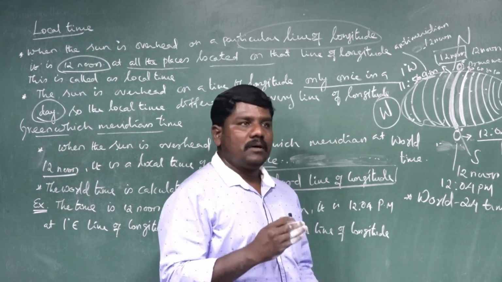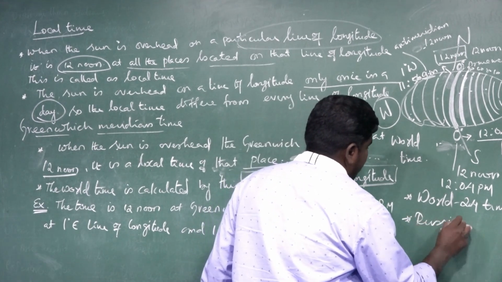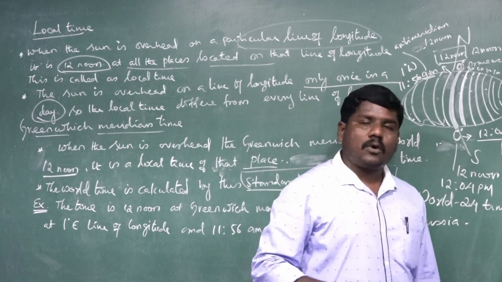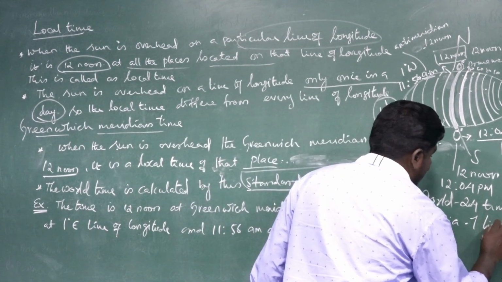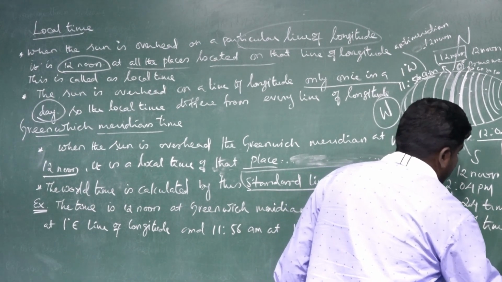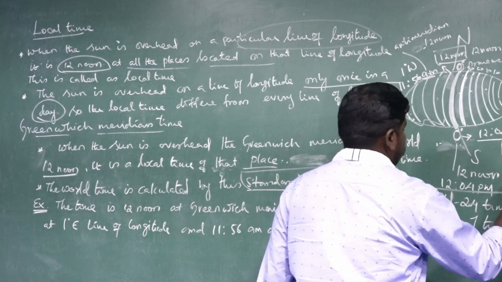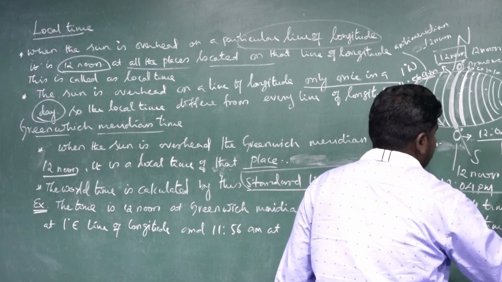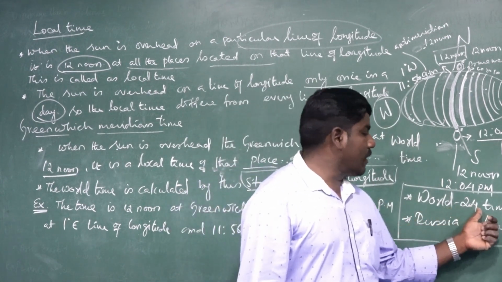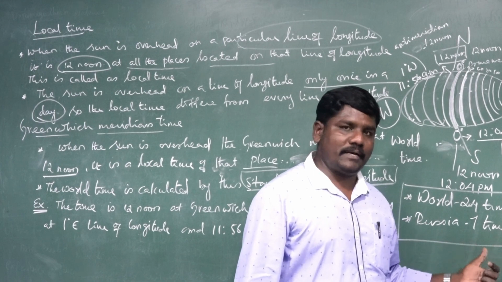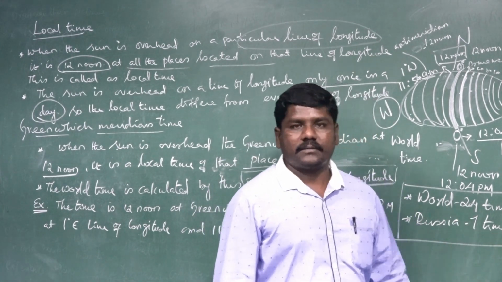For example, Russia contains 7 time zones. That is very important for 1 mark. The world contains 24 time zones, and for example, Russia contains 7 time zones. Thank you.